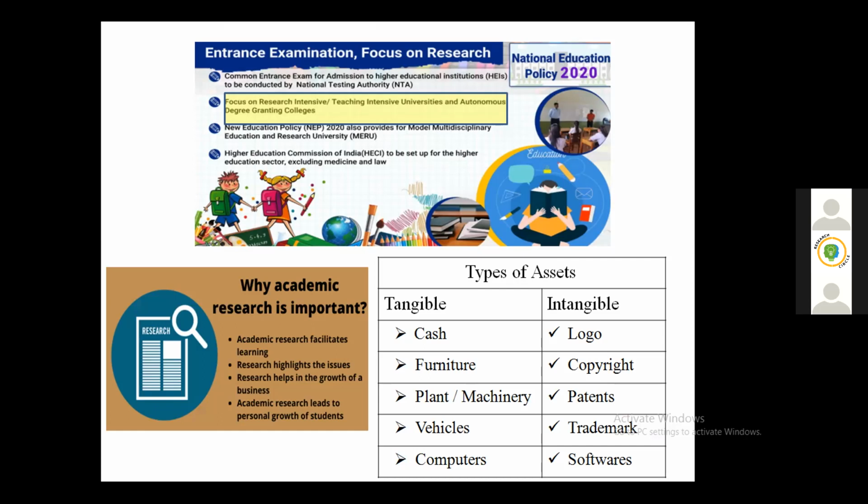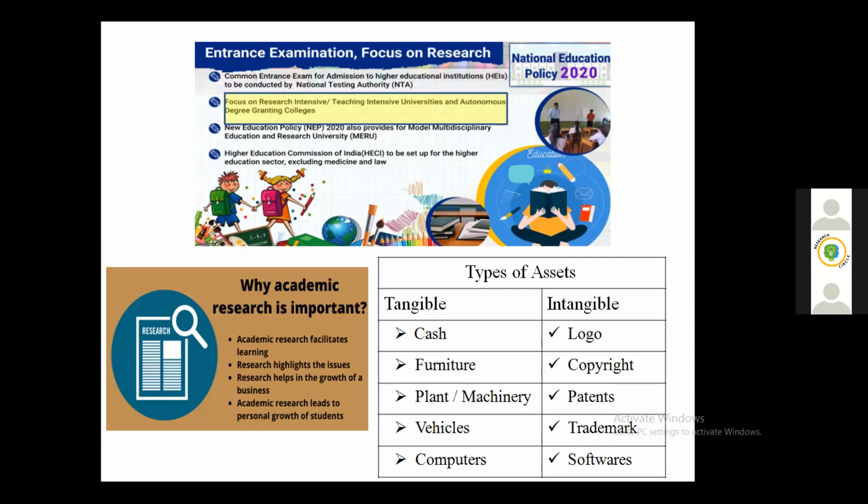So there are different advantages you can see by the implementation of a research activity in the academic institution. Now, according to the National Education Policy 2020, research-intensive teaching should be included in the universities and autonomous degree colleges for getting grants.